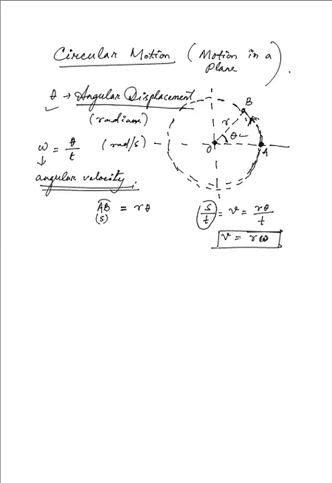What about the vector part of it? Because we are dealing with angular displacement and angular velocity, we must give it a vector form. Now vectorially, we have v equal to omega cross r. This is the vector form.